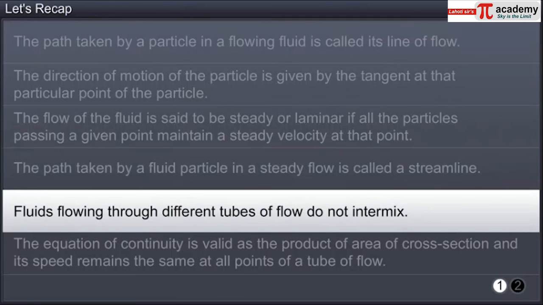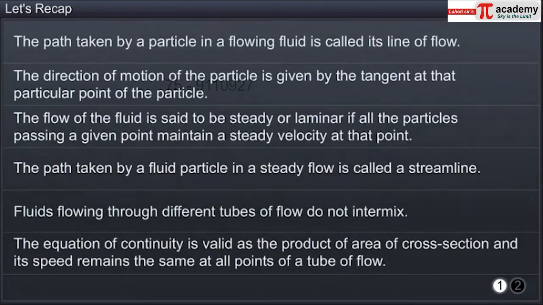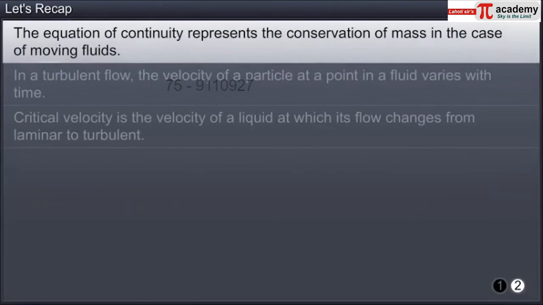Fluids flowing through different tubes of flow do not intermix. The equation of continuity is valid as the product of area of cross-section and its speed remains the same at all points of a tube of flow. The equation of continuity represents the conservation of mass in the case of moving fluids.